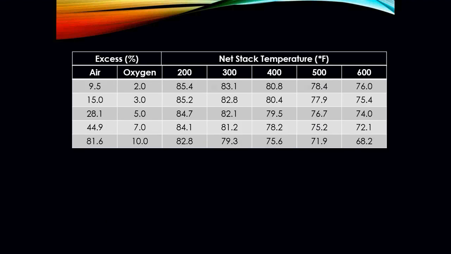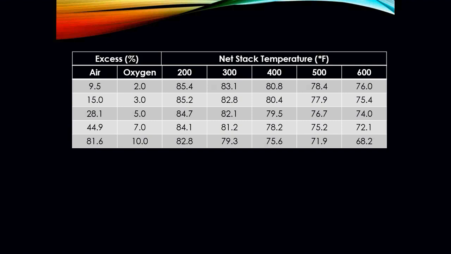So this is an example of what we're talking about here. Say we have a furnace that's running at about 9.5% CO2, 2% oxygen, and we are running at a net stack temperature of roughly 300 degrees. That furnace would be running at approximately 83% efficient.